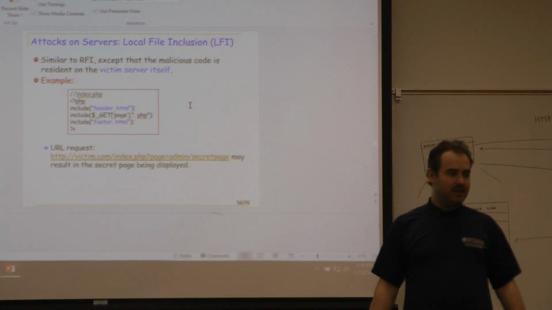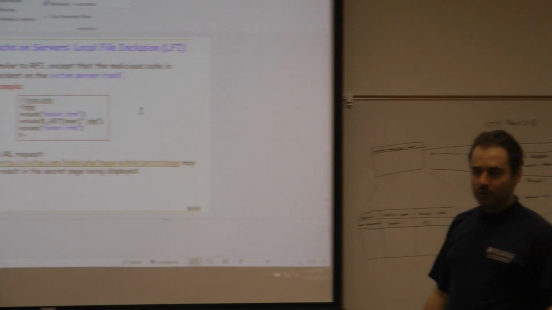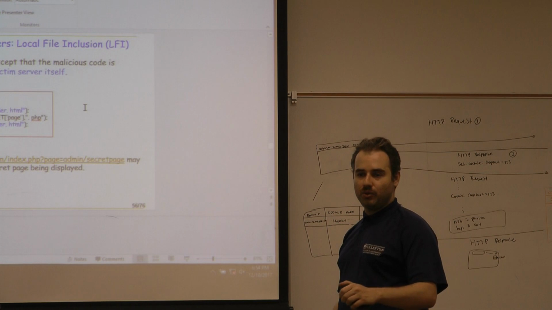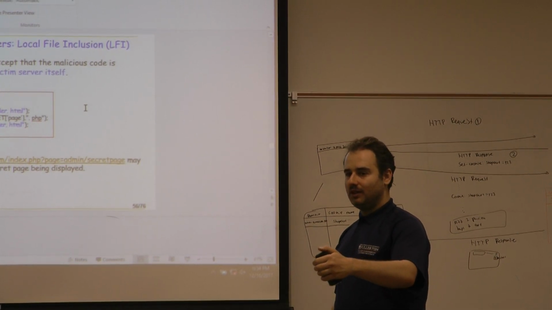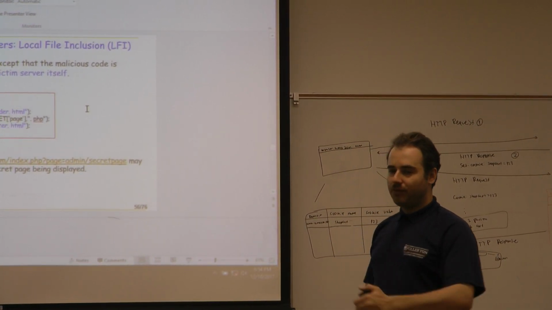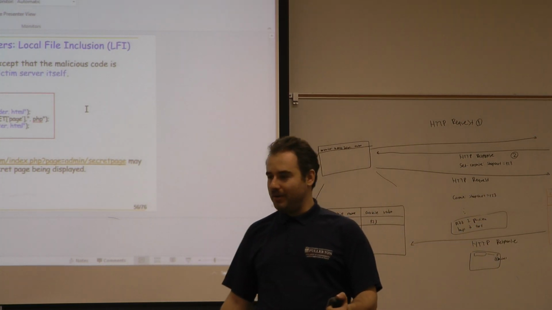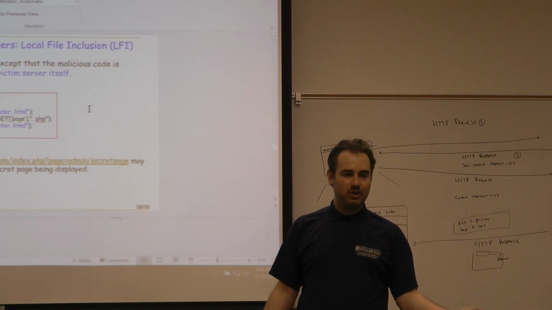Maybe that's a page containing the admin's notes. So what I'm doing is using this vulnerability to display a page from your server on the website. And this could be a page containing secret information.